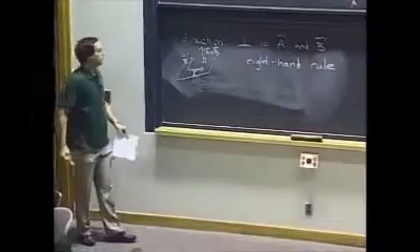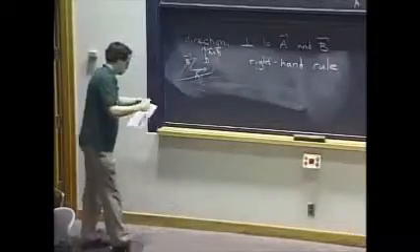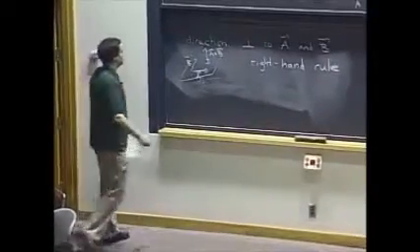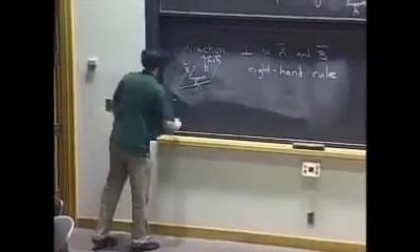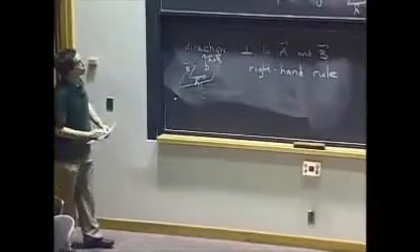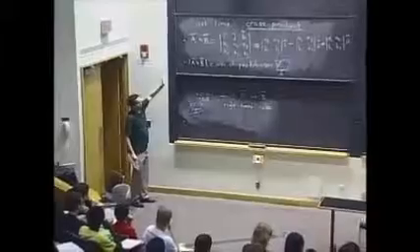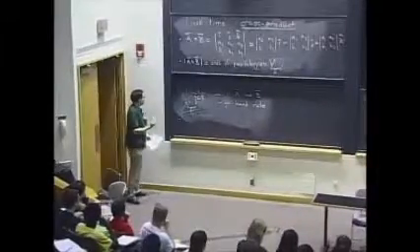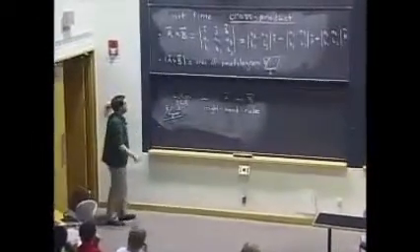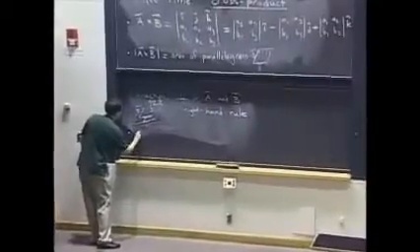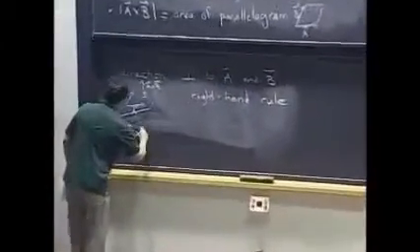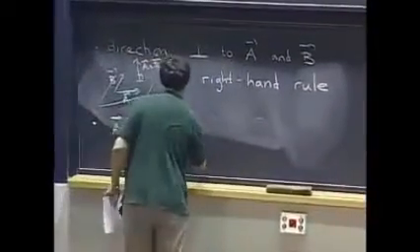Okay? So one thing I didn't quite get to say last time is that there are some funny manipulation rules. What are we allowed to do or not do with cross products? Let me tell you right away the most surprising one, maybe if you've never seen it before. It's that A cross B and B cross A are not the same thing.